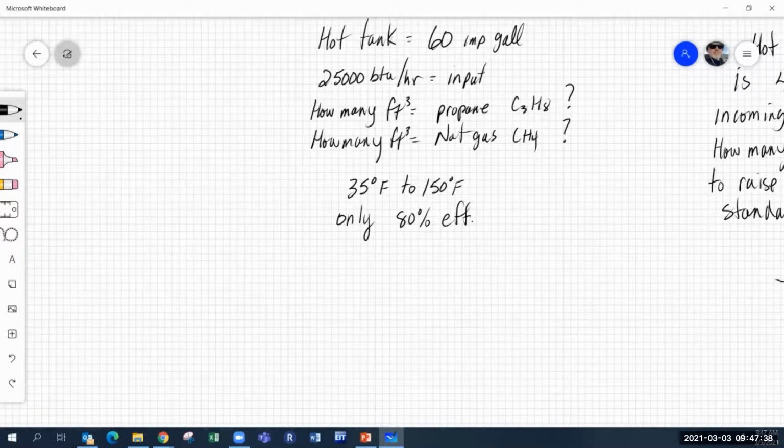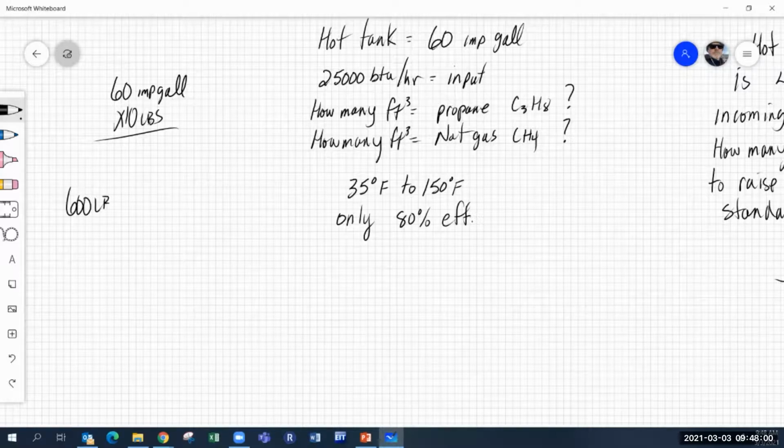Okay, so we have this question here. So first off, I got to find out how many BTUs it does take to achieve this. So this is a sensible heat equation where we take our mass. So we have 60 imperial gallons. So we have to get a mass out of that. It's 10 pounds per gallon. So we have 600 pounds of water. And then we're going to multiply that by my delta T. So my delta T is from 150 and 35.